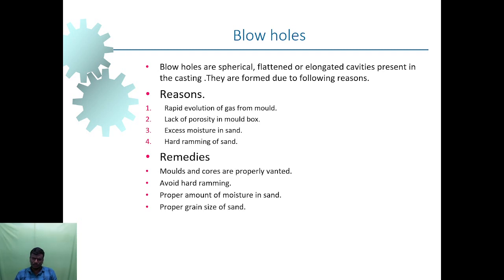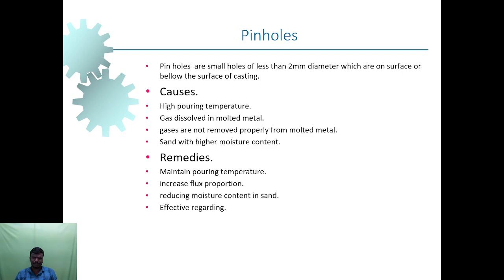They are formed due to the following reasons: rapid evolution of gas from the mold, lack of porosity in the mold, excess moisture in the sand, and hard ramming of the sand. Remedial actions for blow holes: molds and cores are properly vented, avoid hard ramming, use a proper amount of moisture in sand and proper grain size of the sand.